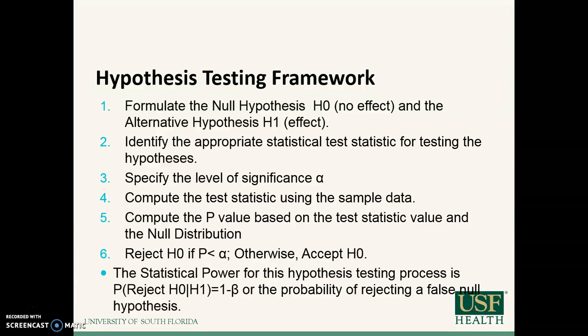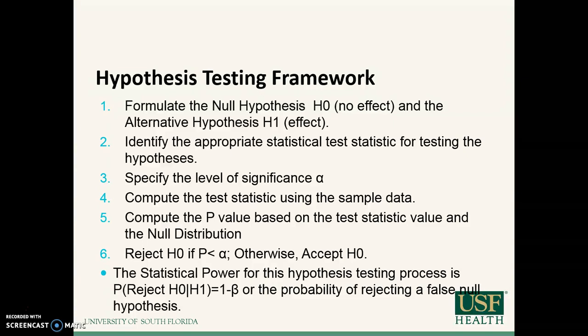Two, identify the appropriate test statistic for testing the hypothesis. Three, specify the level of significance alpha. Four, compute the test statistic using the sample data. Five, compute the p-value based on the test statistic value and the null distribution. Six, reject H0 if p is less than alpha, otherwise accept H0.